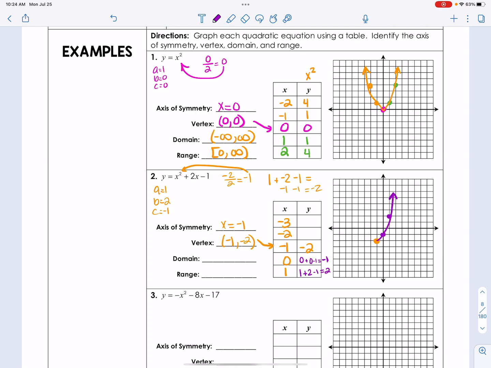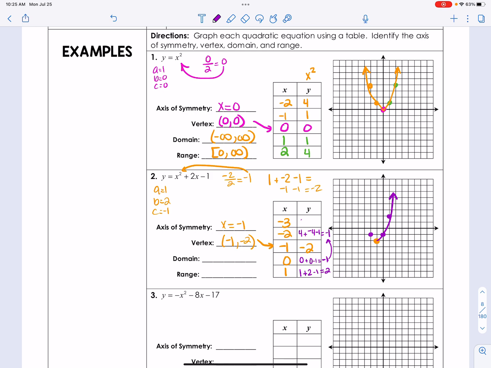So this side. Now I'm going to plug it in. So -2 squared is 4 plus 2 times -2 is -4 minus 1. So this one's also at -1. Okay, so I could have just brought this up here. They're going to match.